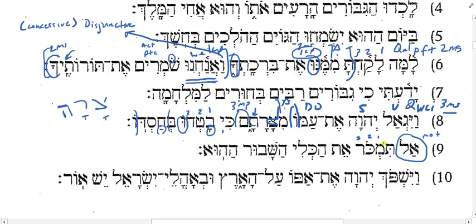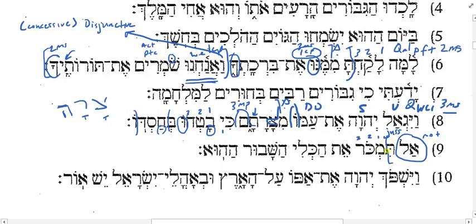Al timkor. Is this possibly a second person with al in front of it as a way of prohibiting something? Yes. And is this the imperfect or the jussive with that prefix tav? It's got to be jussive because al always negates jussives if the form could have been the imperfect as well, right?